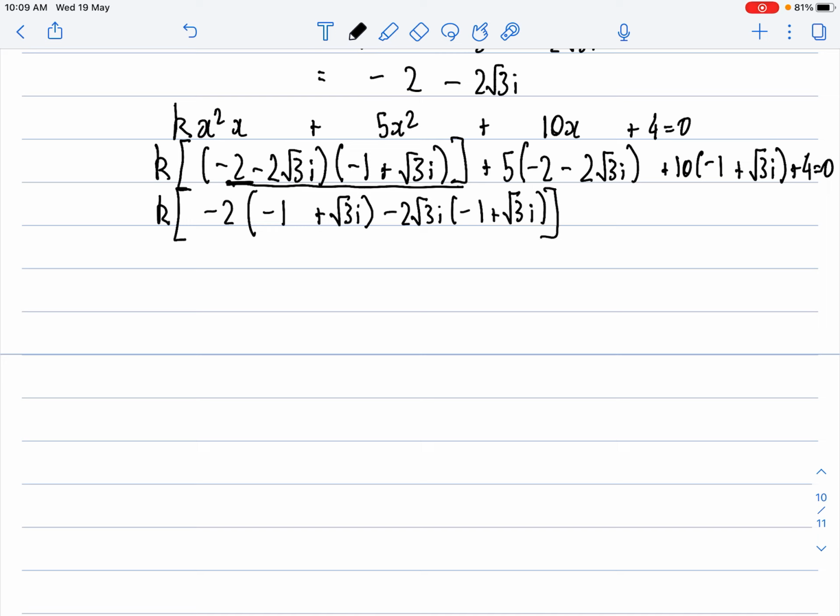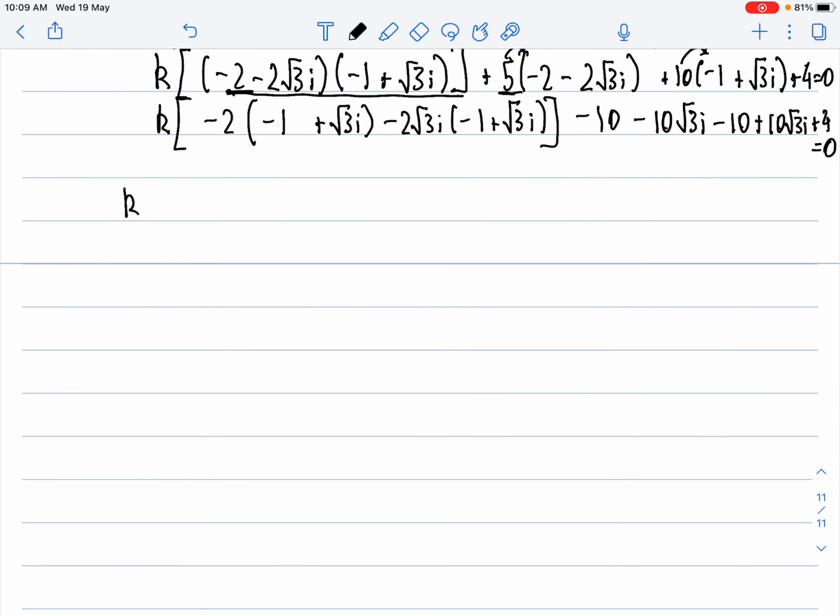Now I can take 5 inside the bracket here, so I can write this as minus 10 root 3i. Now I can take 10 inside the bracket here to get minus 10 plus 10 root 3i, plus 4, which I know is equal to 0.